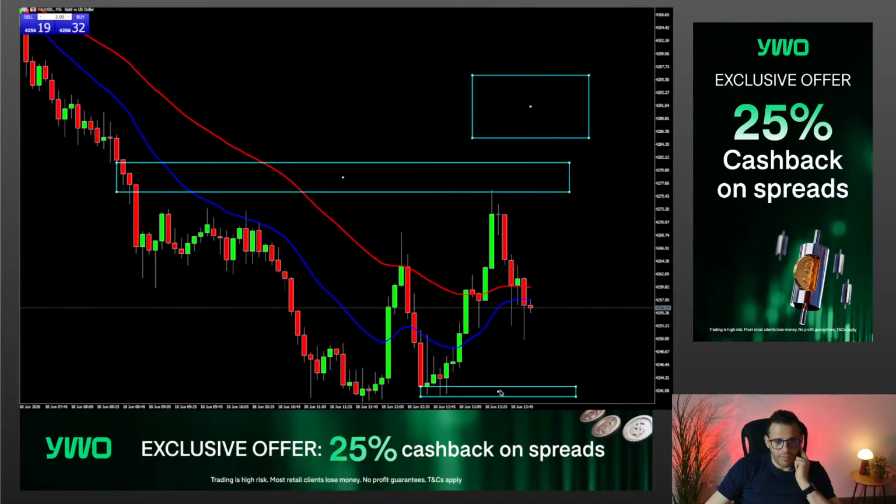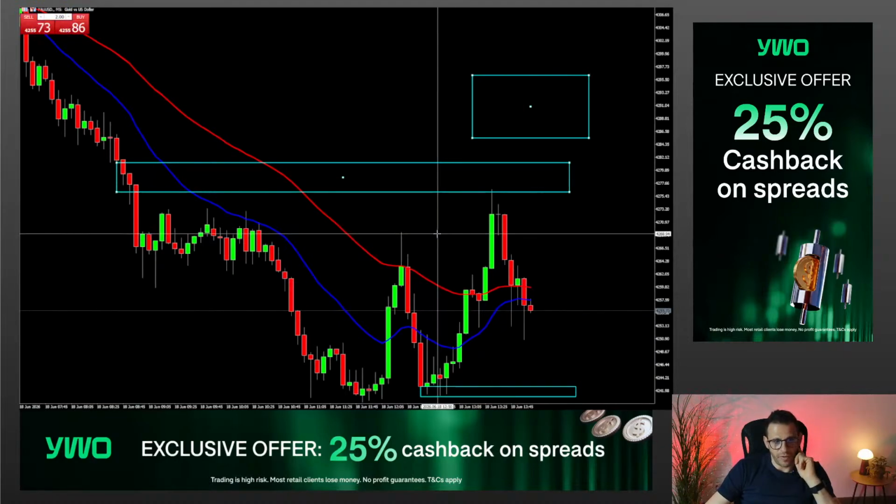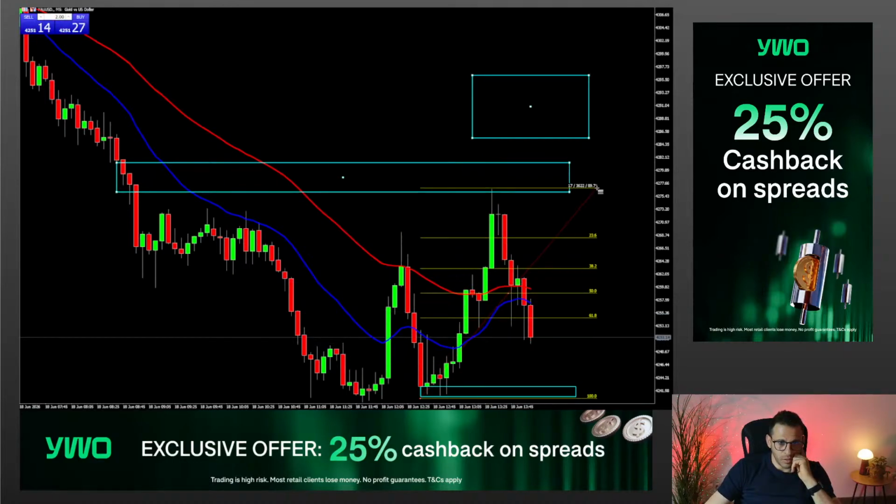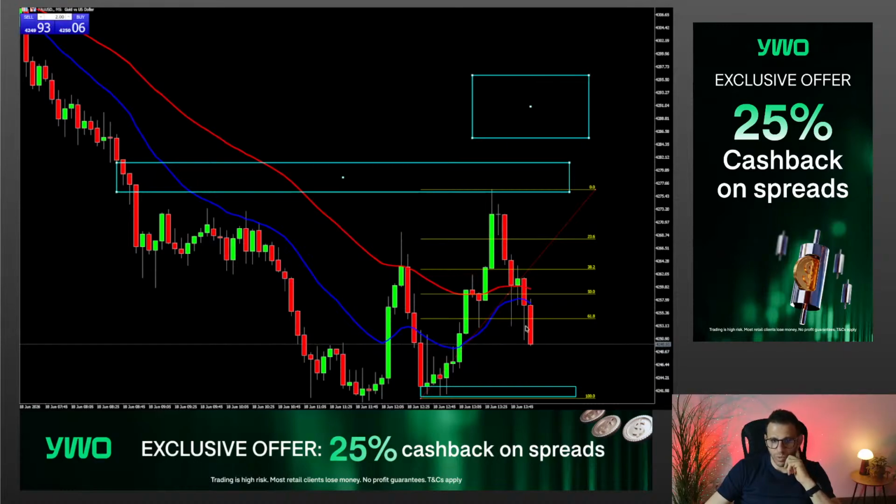So if the market is about to transit and this is the first higher high, the price should have bounced from this point. If we don't see a bounce to the upside, most likely we're going to come and visit this low here. And if we're going to come below this one, I will get in as a sell order.